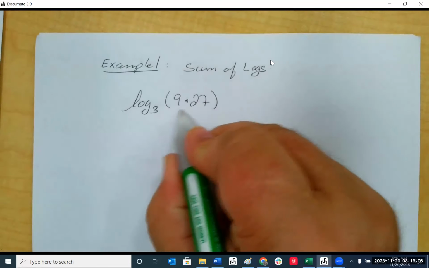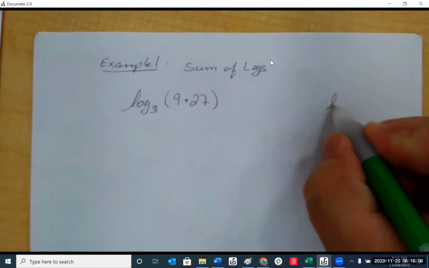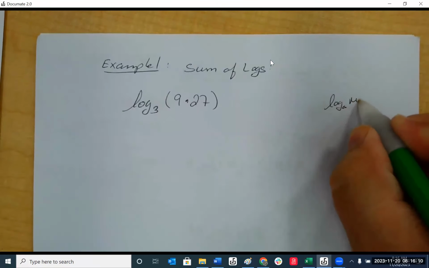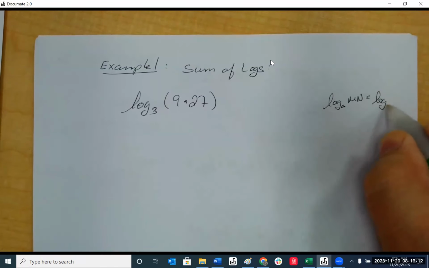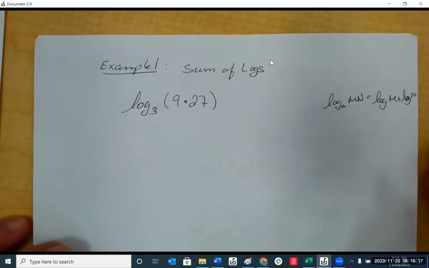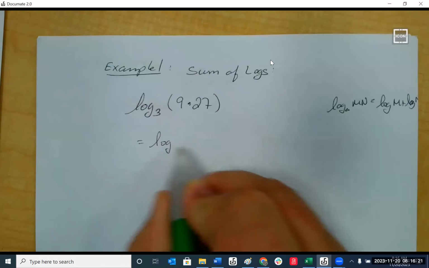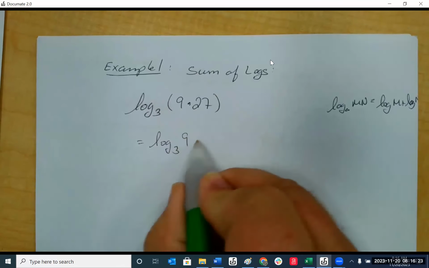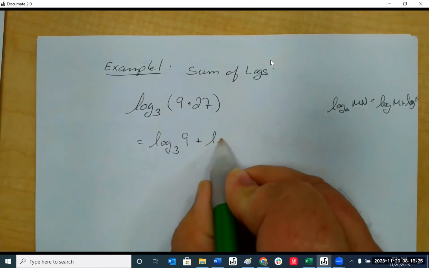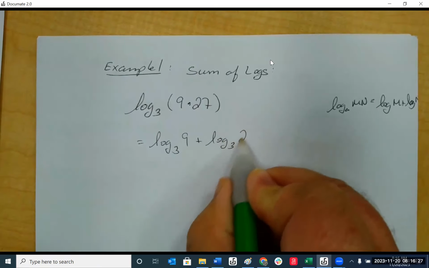So since it's a product, we use the product rule. So we can rewrite this as log base 3 of 9 plus log base 3 of 27.